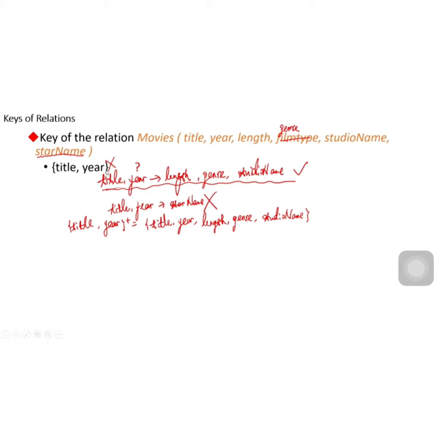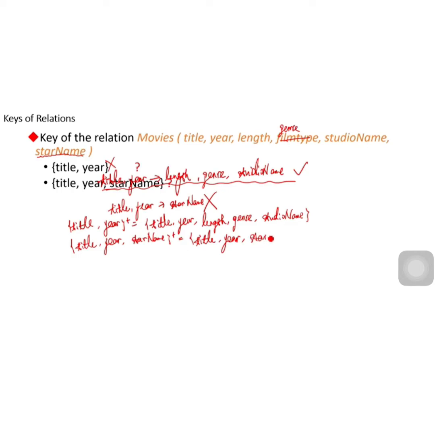How about title, year, star name? Okay, now we can compute the closure of title, year, star name. The base is title, year, star name.